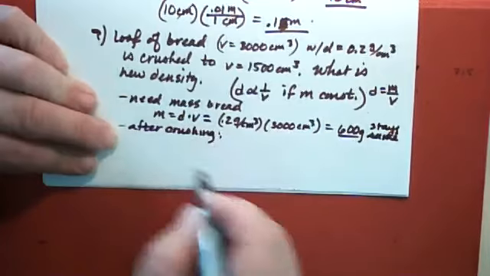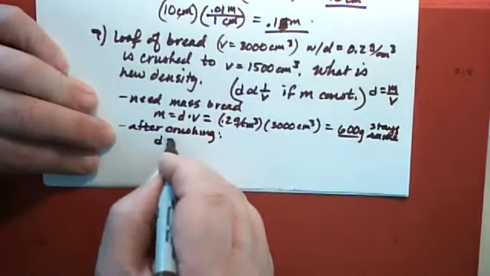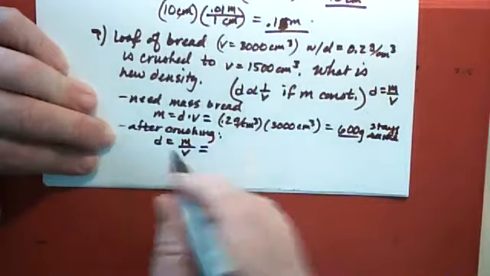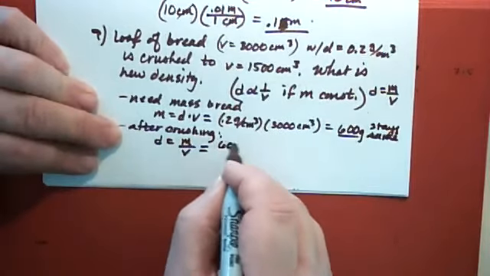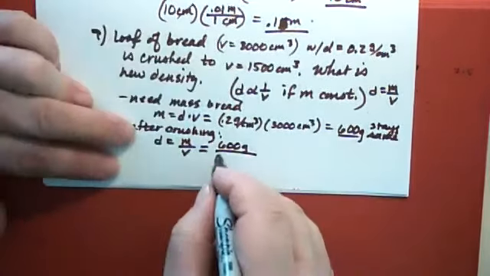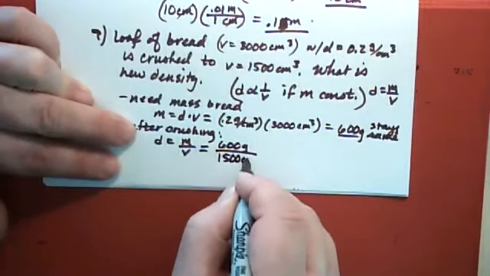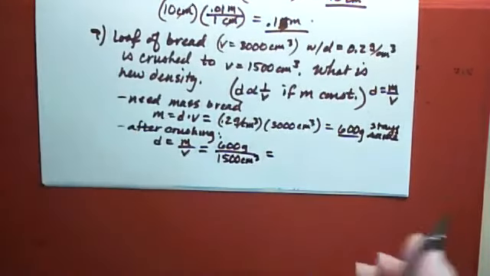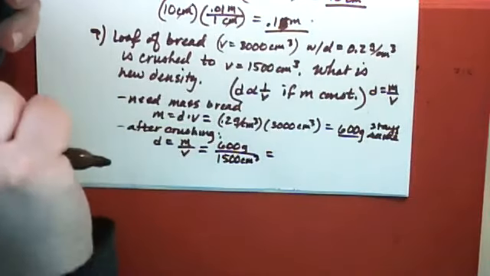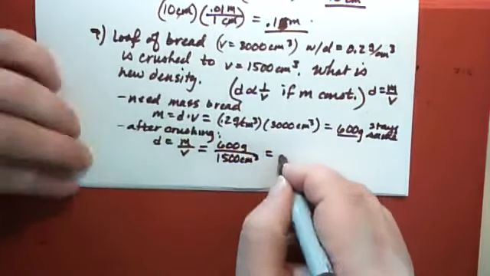After crushing, density is going to be equal to mass divided by volume. And the mass is still 600 grams, but the new volume is 1,500. So 600 divided by 1,500 is, what do you know, 0.4.